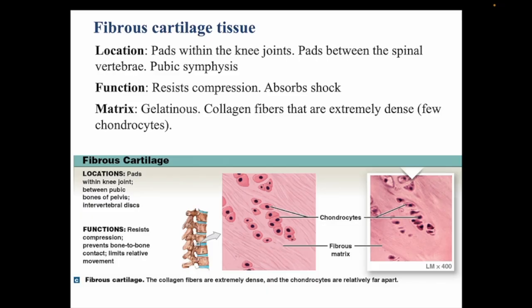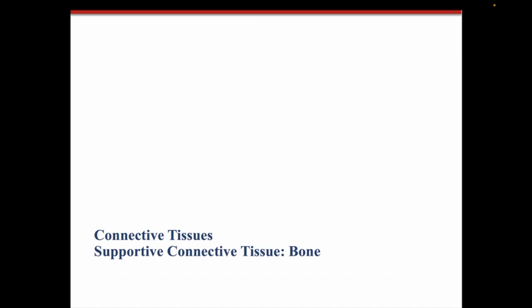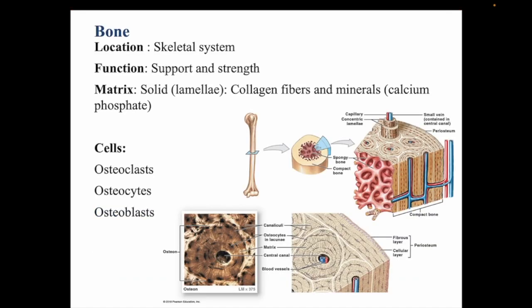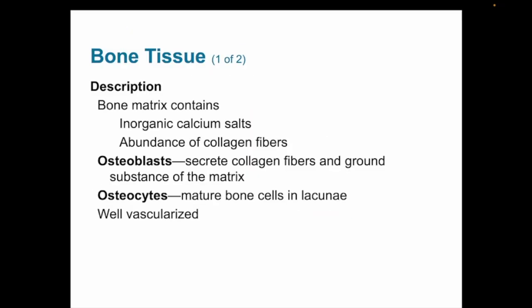Again, once you do a reading of this, these reviews make more sense. Otherwise, this becomes very complicated. The bone, we're going to cover it much more, but appreciate the names: osteoclasts, osteocytes, osteoblasts. They are three different cells that should make sense to you from the beginning. Osteoblasts form bone.